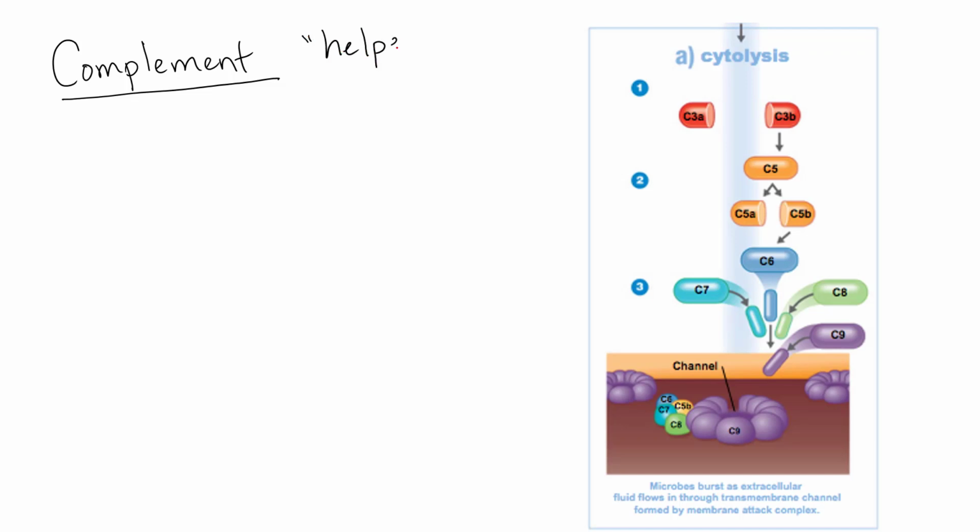So these are helpers in the second line of defense. Their job is to make sure the events of the second line of defense are happening and to amplify the signal to make that happen.